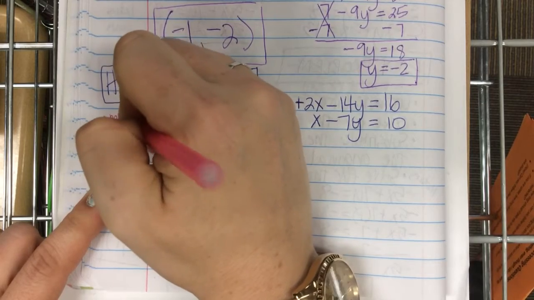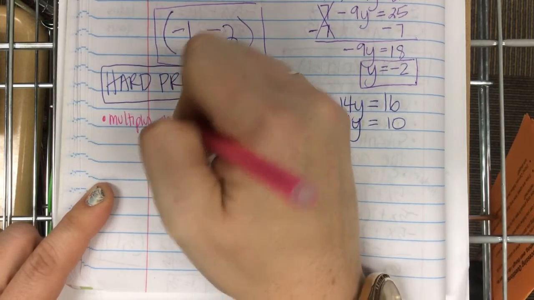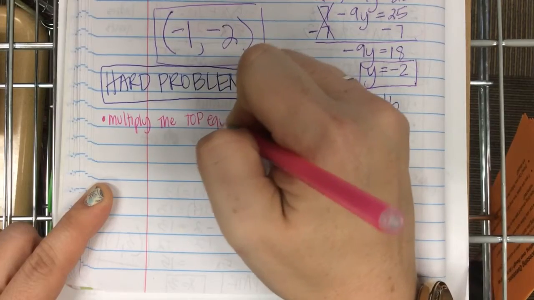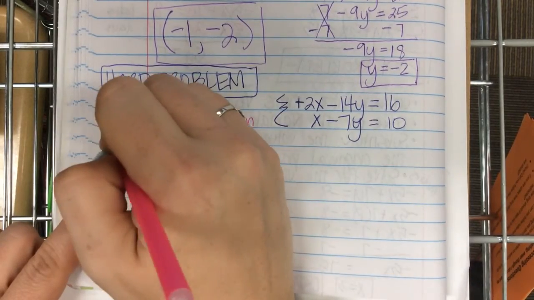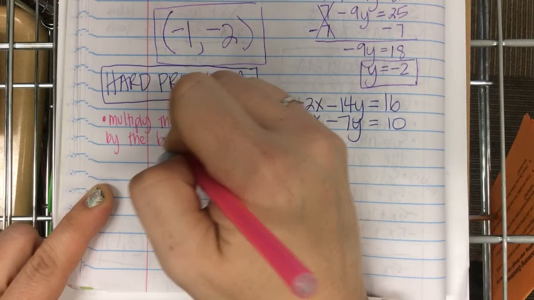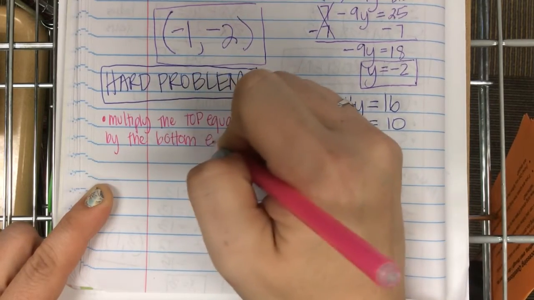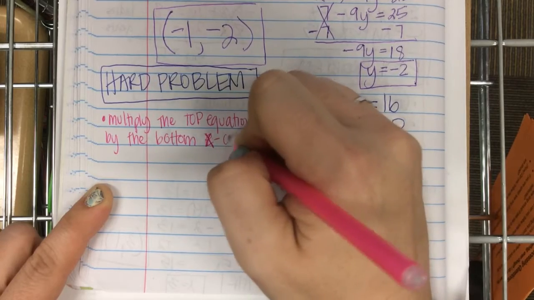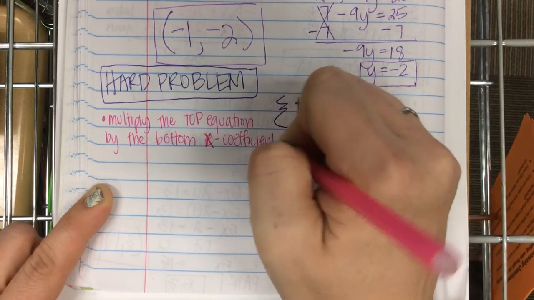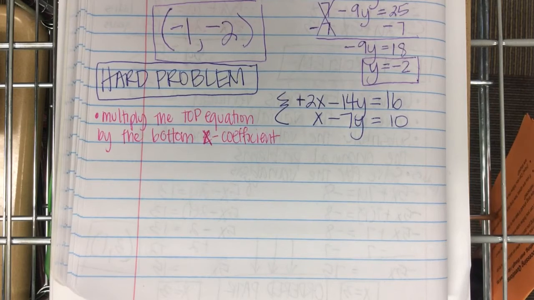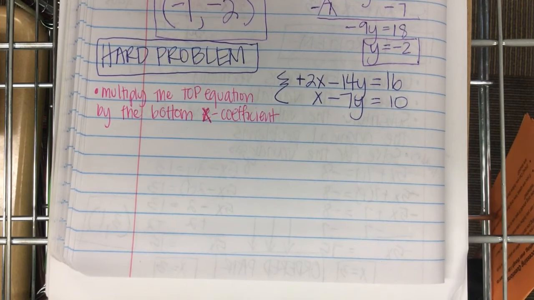You multiply the top equation by the bottom x coefficient. Multiply that every single time.